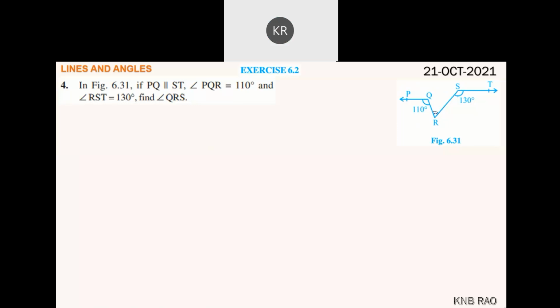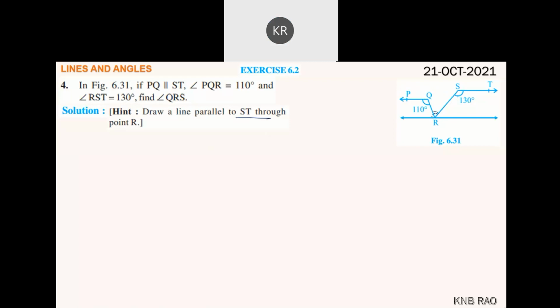See, if you draw a straight line from P, Q backwards, then draw a line parallel to ST through point R. Drawing a line parallel to ST through point R is the very important thing.